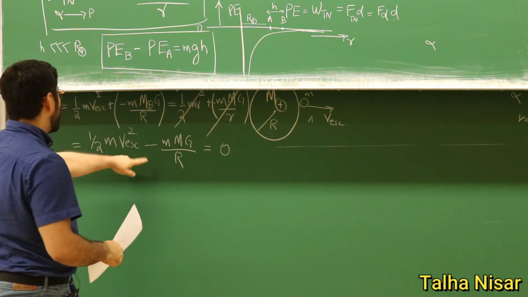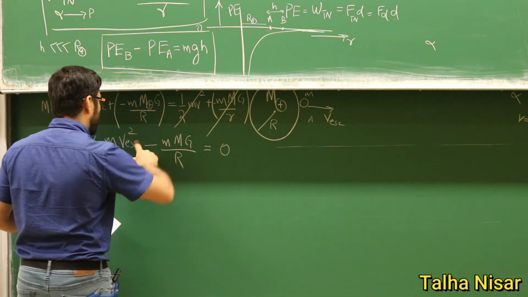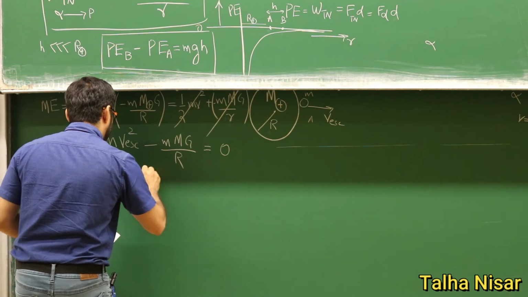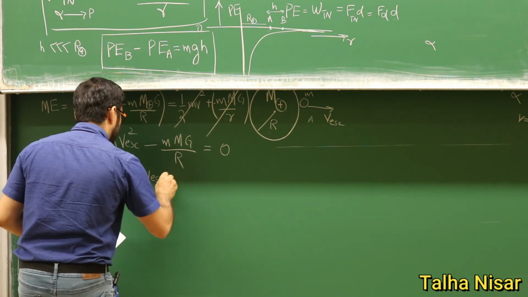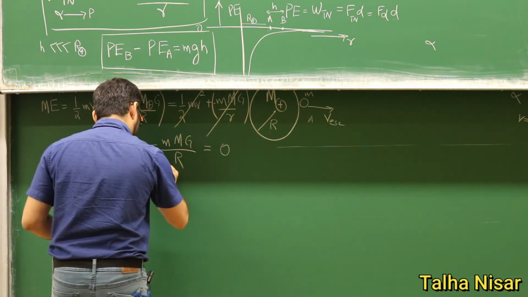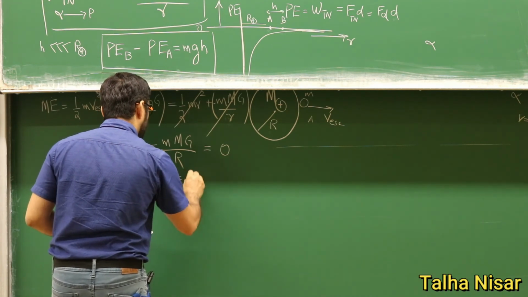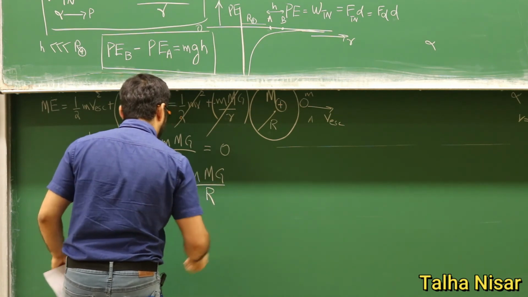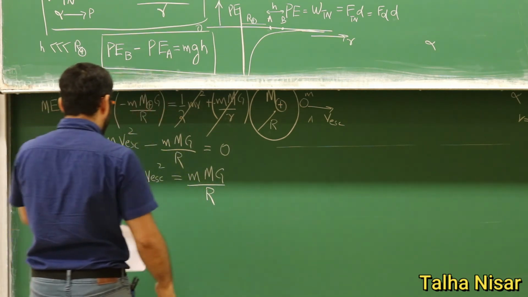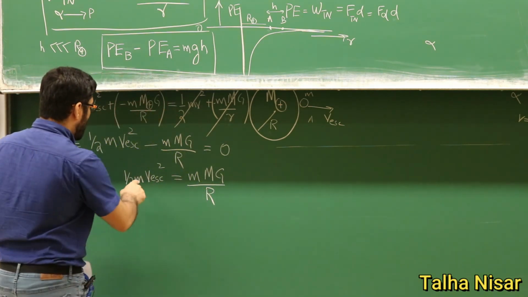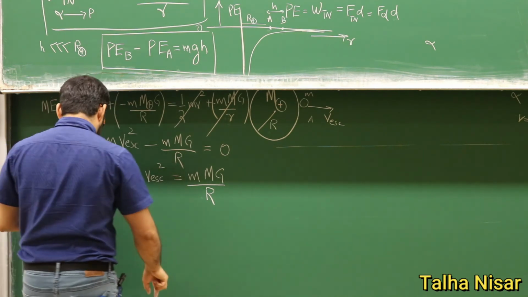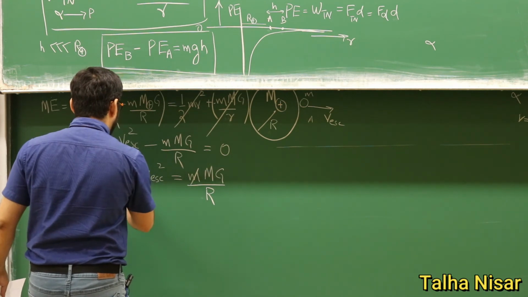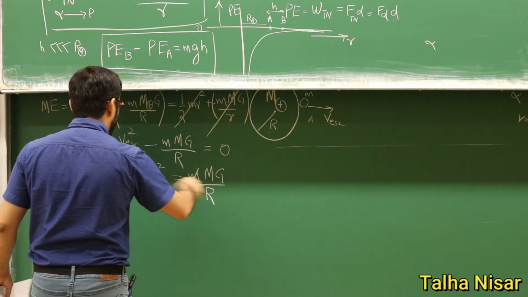Now we can bring this one here, so we have 1/2 m v escape squared equals m G M divided by R. What we can do is bring this m here, so first of all these two cancel, and then we bring this 2 here, and also we have a square root.